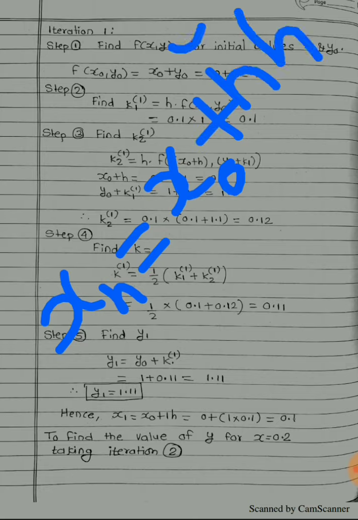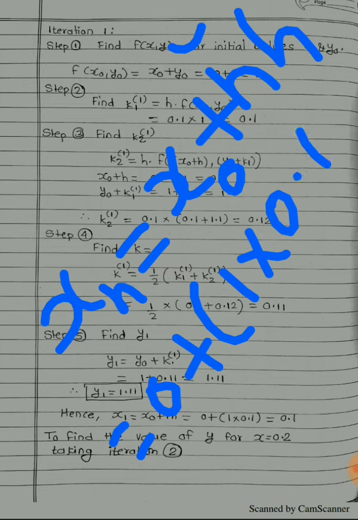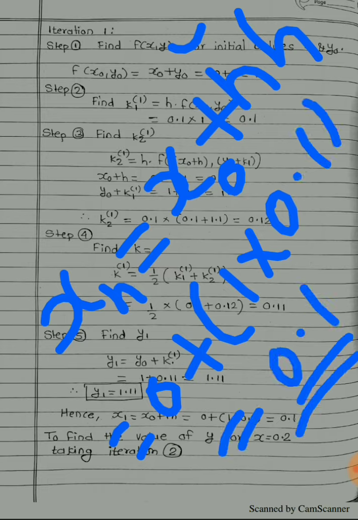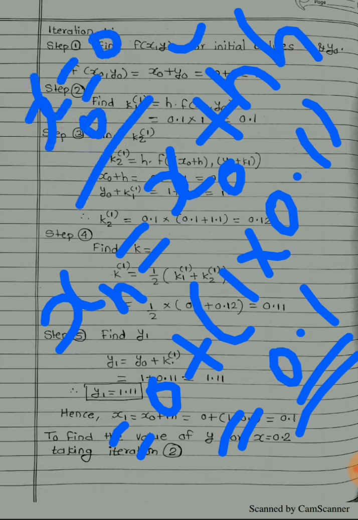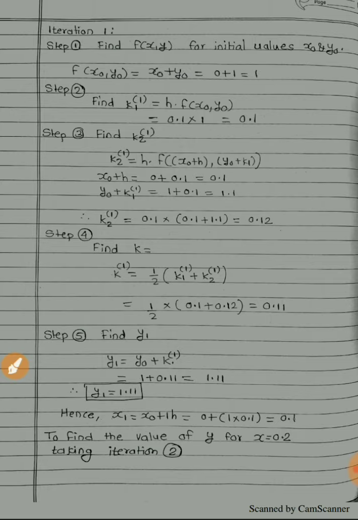As this is the first iteration, n will be 1. x0 is 0 already, it is known, so we get 0 plus in bracket 1 into 0.1, which equals 0.1. The meaning of this is, the first value of x was 0, that is x0 was 0. The next value after the first iteration is 0.1. So for x equals 0.1, we have got y equals 1.11.